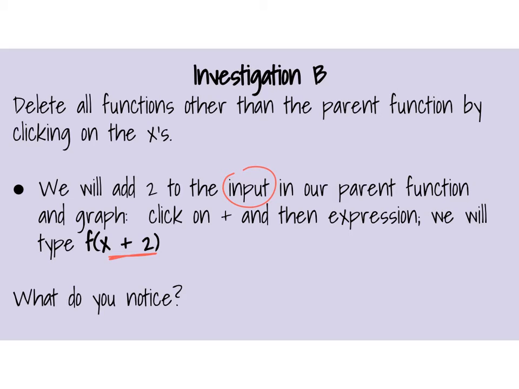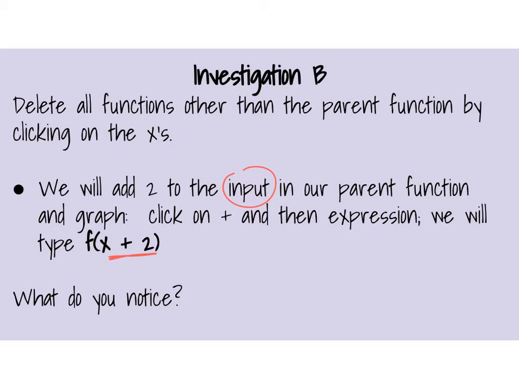If you remember way back when we did functions, in September-ish, and we had to evaluate functions, that means put x plus 2 in for every x you would see in the function. So I'm adding 2 to the input. How do I know? Because it's inside the parentheses.